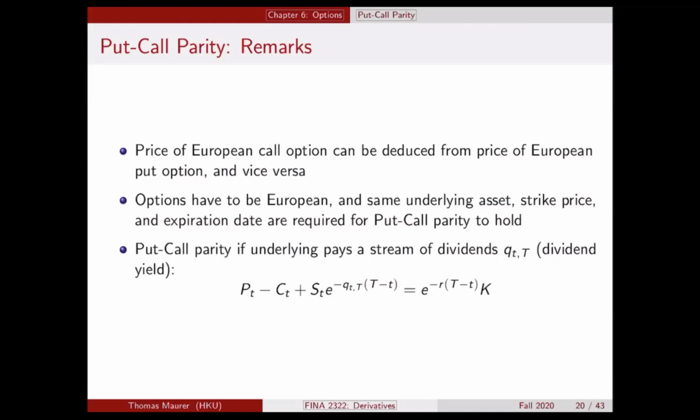To make this argument, let's go back to the virtual whiteboard and let's draw a timeline from small t to capital T. And let's replicate again a long position in the risk-free asset, or in other words, buying a zero coupon bond with face value K dollars. Buying that bond costs today K discounted by the risk-free rate, and in the future it pays exactly K dollars.